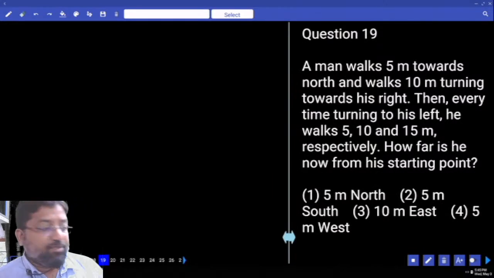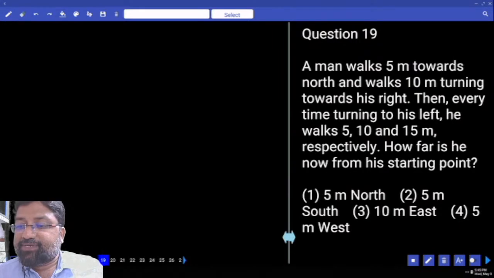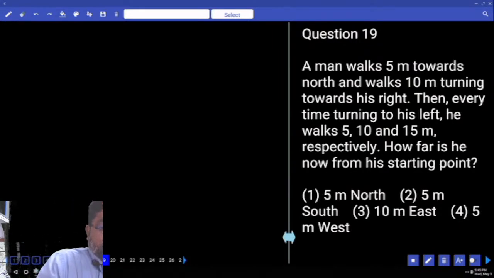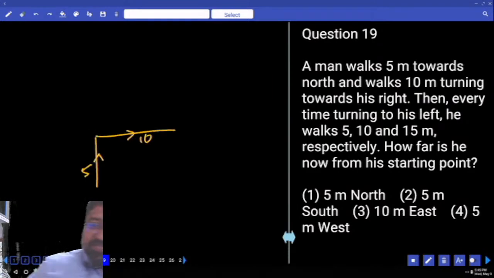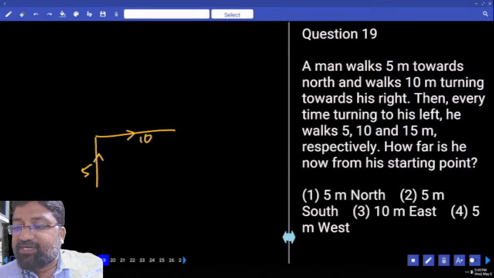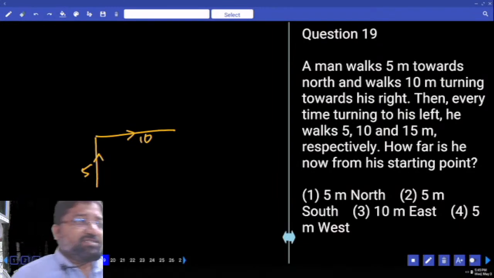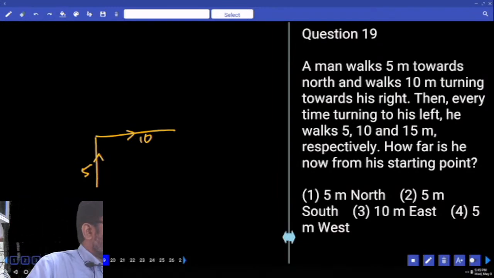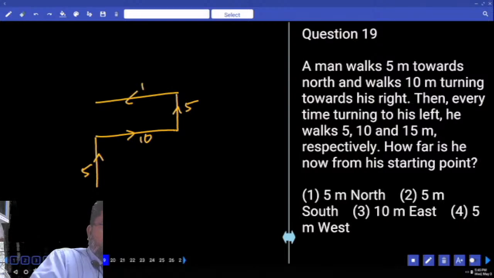A man walks 5 kilometers towards north and walks 10 meters turning to his right. Next, then every time turning to his left. 5, 10, 15. Now he is facing east, left is towards north. 5. Again left, 10. Again 15.